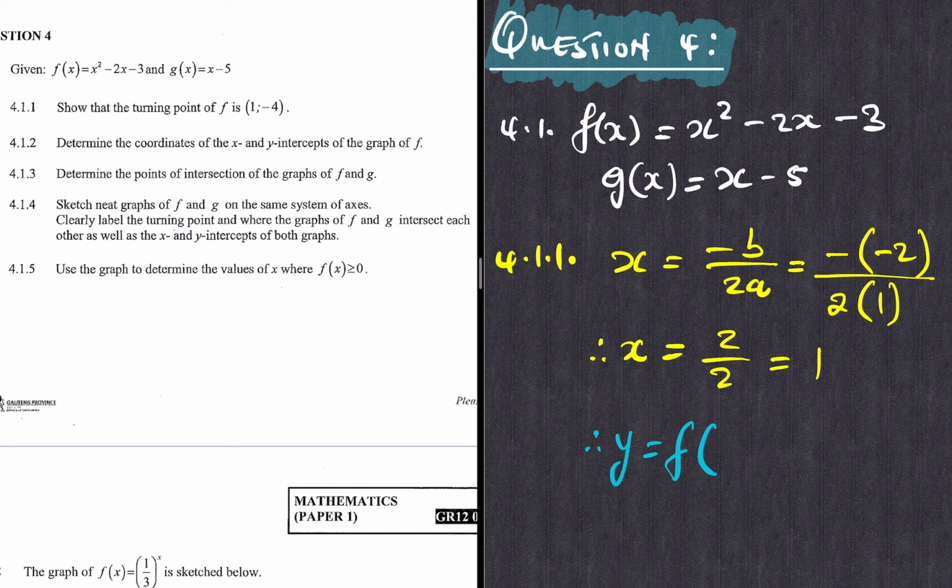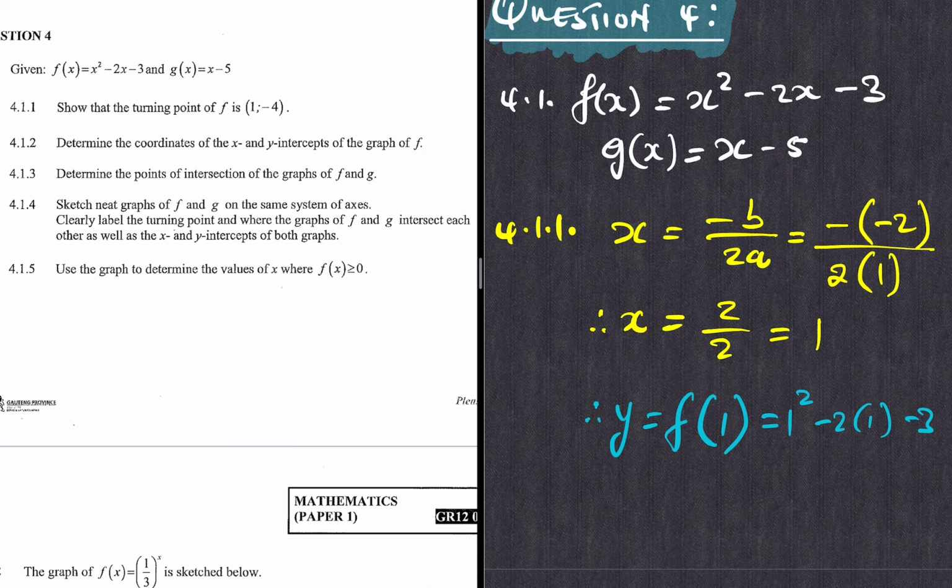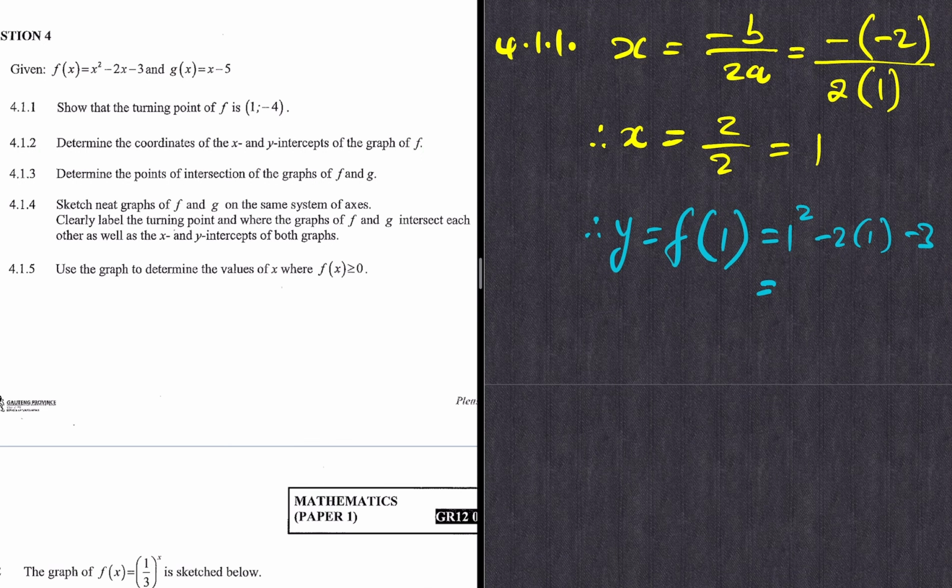So I'm going to put a 1 here to get the corresponding y value, which is 1 squared, minus 2 into 1, minus 3. You can really use a calculator if you don't trust your capacity. That is going to be 1 minus 2 minus 3. This is minus 5 plus 1, which is negative 4.